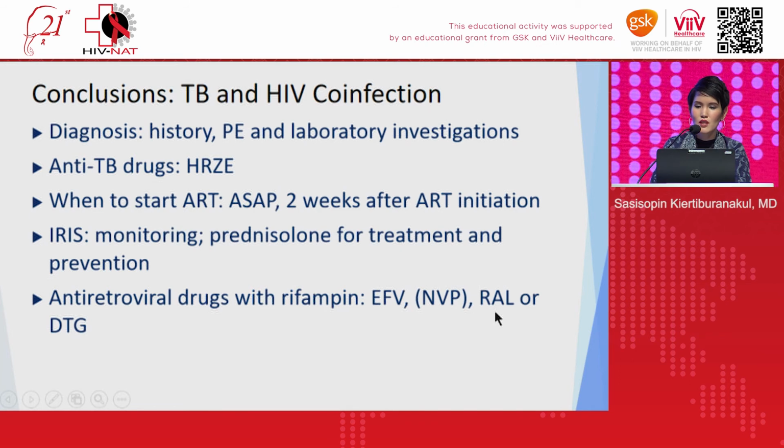You can see the 3 groups are not significantly different. So that's why we think that raltegravir 400 BID is not far different from raltegravir double dose, and because of the cost issue as well, because the double dose is quite expensive in Thailand. So we recommend the usual dose with rifampicin from the REFLATE study.